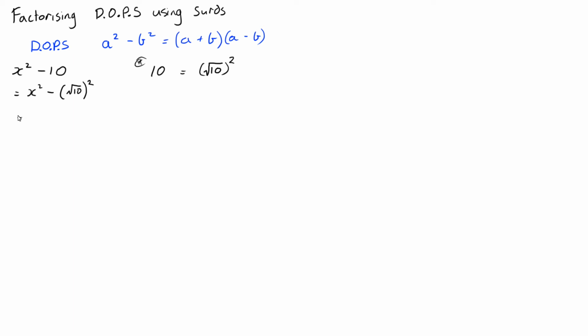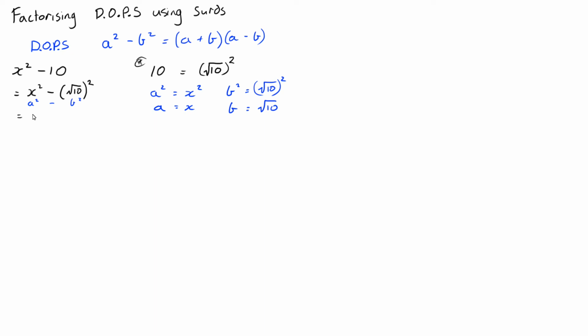But it helps me because I now have a difference of two perfect squares, a squared minus b squared. So a squared is my x squared term, so a must be equal to x. And b squared is the square root of 10 all squared, so b must be equal to what's inside the brackets, just the square root of 10.